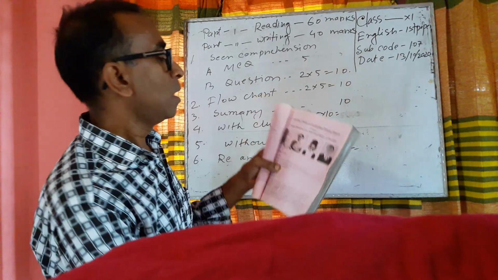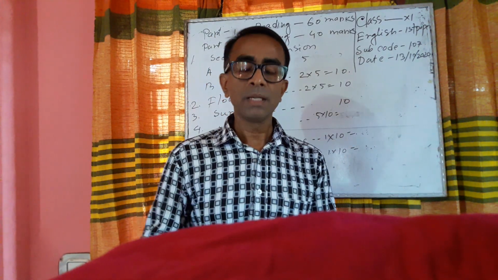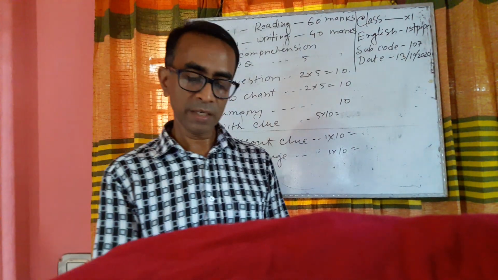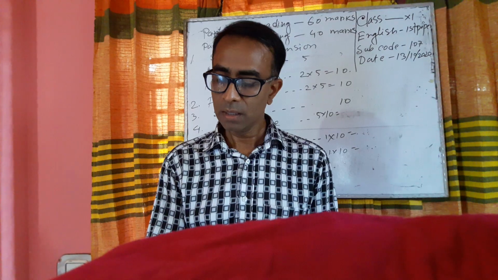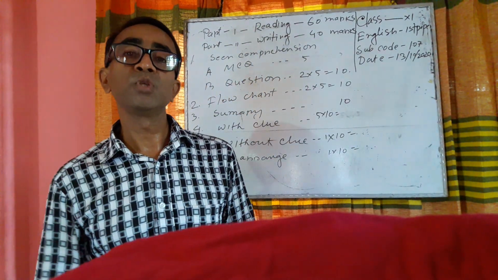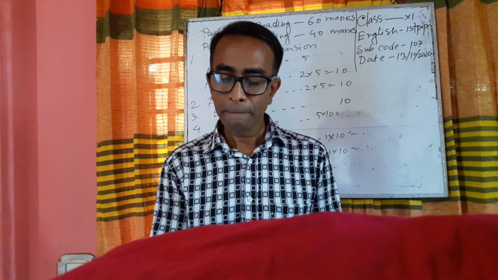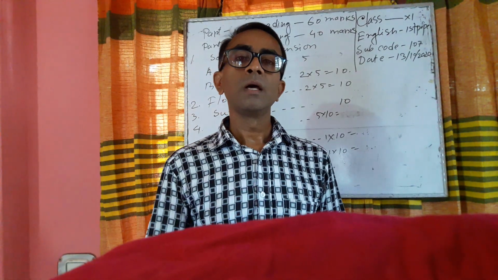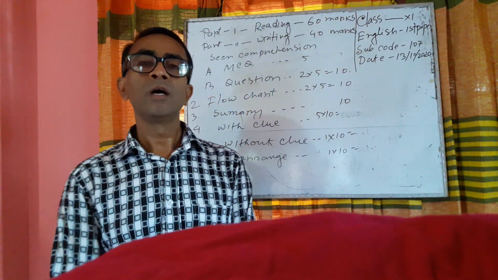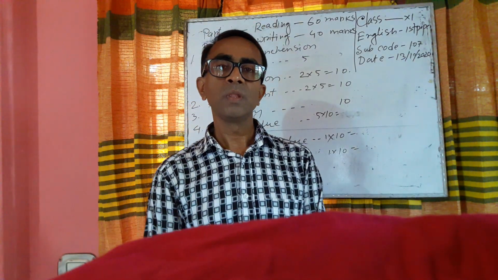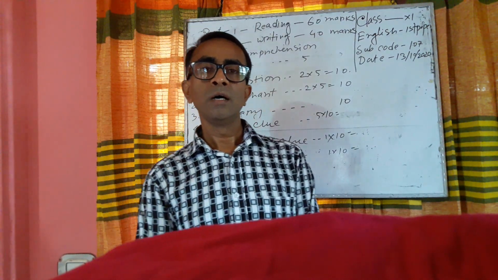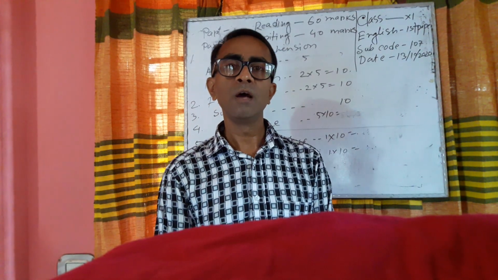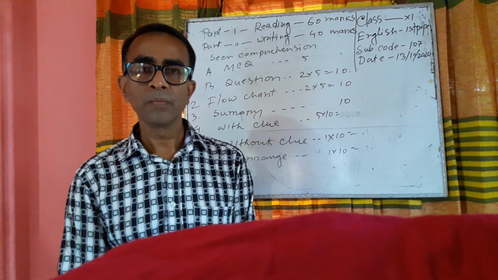There are the lives of many historical people that make our history great: Nelson Mandela, our father of the nation Bangabandhu Sheikh Mujibur Rahman, Bill Gates, etc. If you read this book very carefully, you will see that the book is very informative. You can collect many things, you can get many lessons from this textbook.